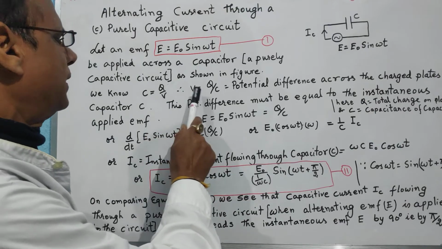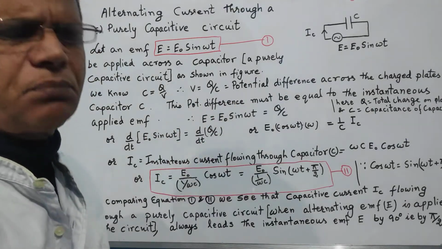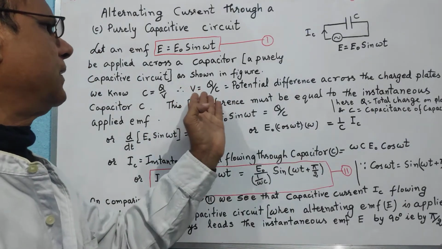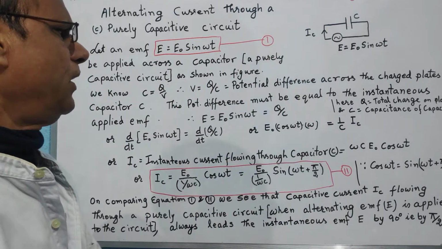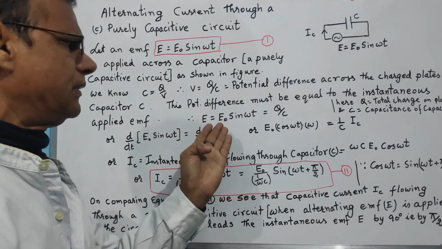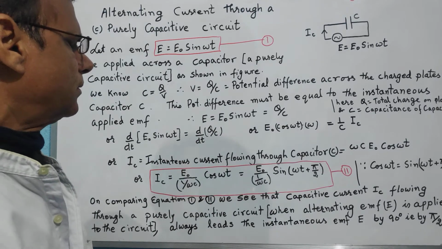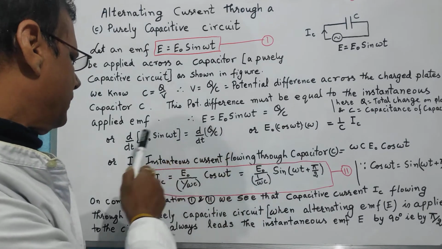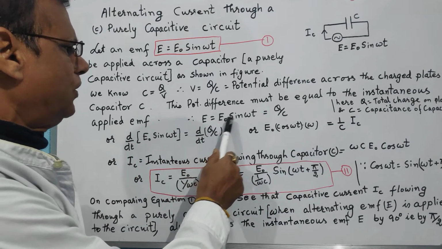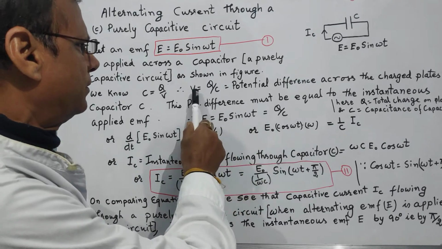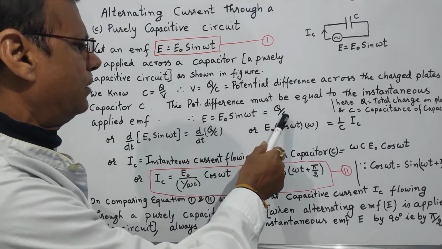This instantaneous potential difference across the plate must be equal to the instantaneous EMF applied across the capacitor. Therefore we have E0 sin omega t equal to Q by C.